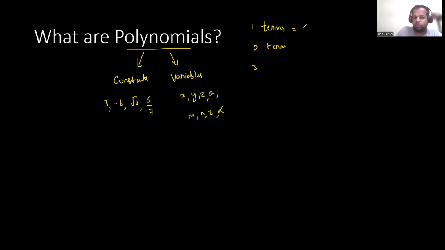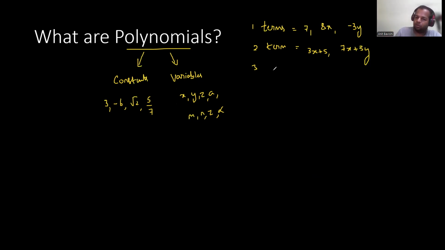A one-term expression could be 7 or 8x or -3y. It could be anything, but there has to be only one term, with no plus or minus sign separating it. A two-term expression is something like 3x plus 5 or 7x plus 3y, two terms separated by a plus or minus sign.